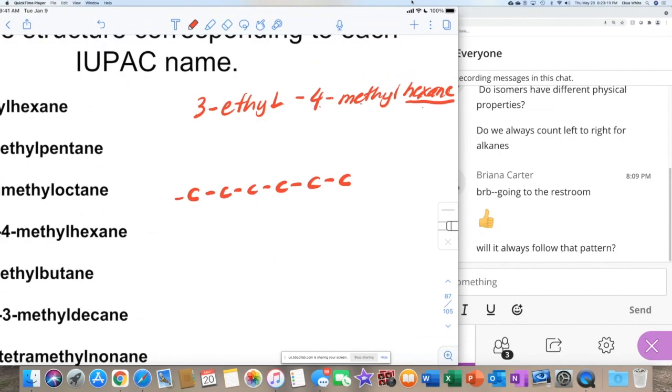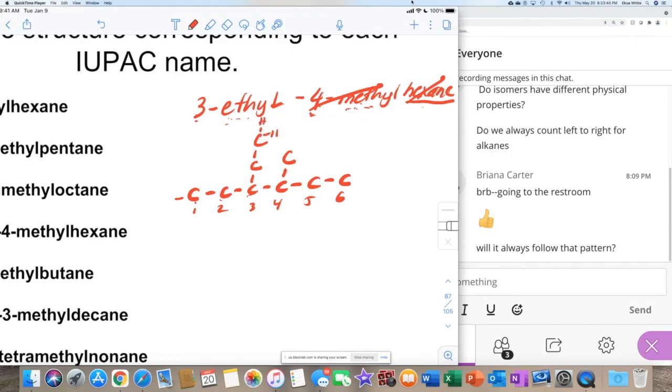On carbon number 4, there should be a methyl. This is 1 carbon. So 1, 2, 3, 4, there should be a methyl. On carbon number 3, I should have an ethyl, 2 carbons. Yep, done.